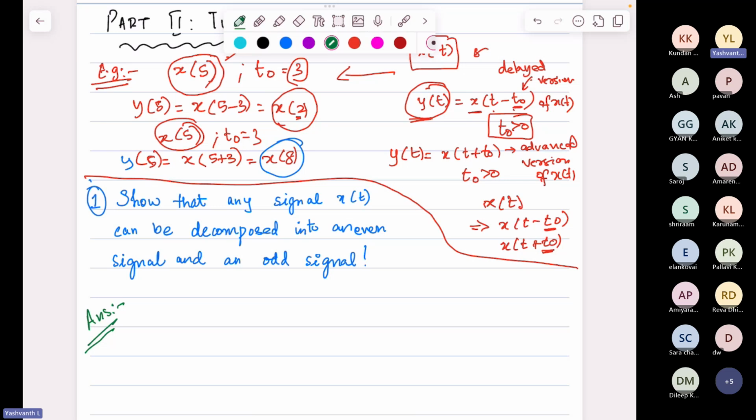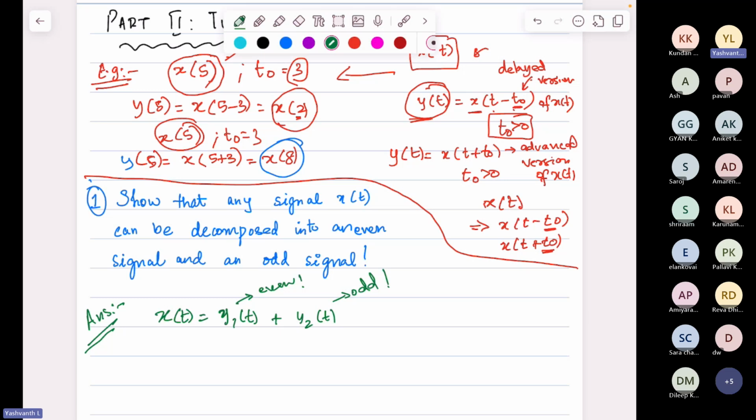Okay, let me explain. What it says is, you should be able to write any signal x of t as a sum of two signals, y1 of t plus y2 of t, where y1 is an even signal and y2 is an odd signal. That's the meaning of this statement. Decomposed means sum.